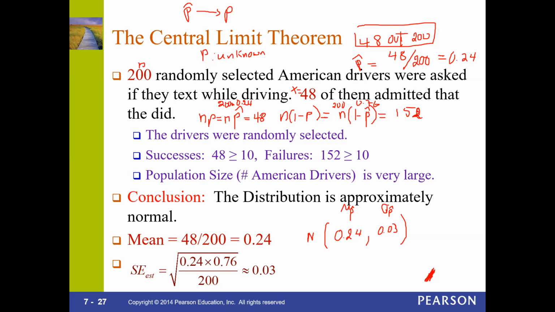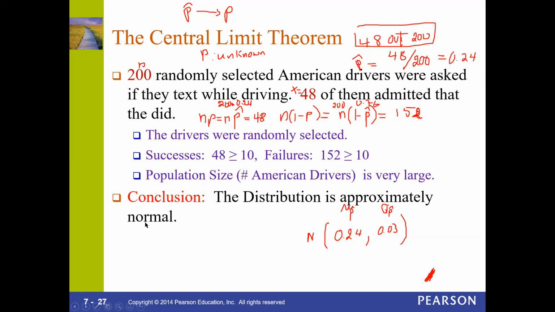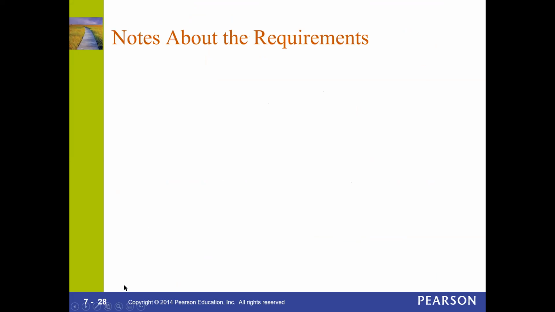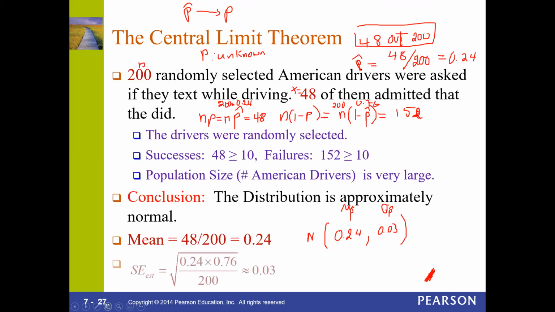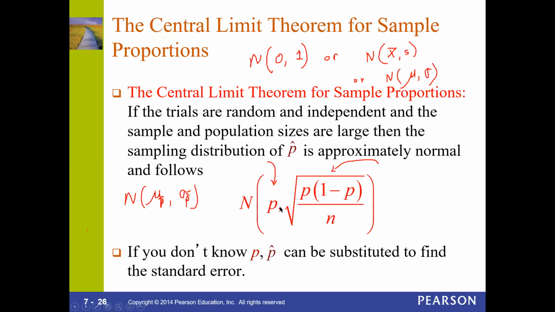So on Tuesday, we were looking for the mean and also something called the standard error. These are the formulas we use for it. Just to remind you of the formulas quickly: it's right here for proportion.